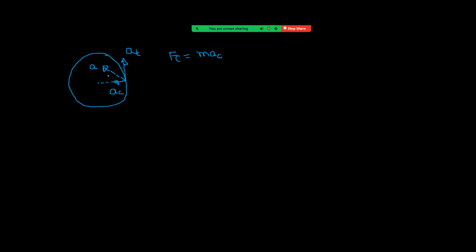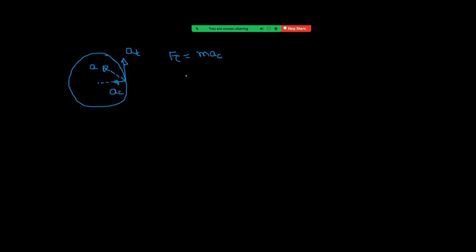So here, to be in circular motion, there must be a centripetal force because that force is changing the direction of motion. So without centripetal force, circular motion is not possible.